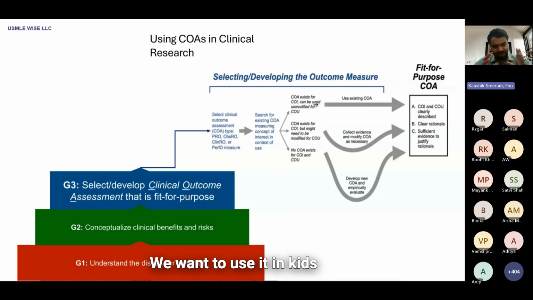Now let's say we have a tool that is only present in adults. We want to use it in kids, right? Now what to do? This is a tool that is most similar, which has been validated in the adult condition, but for pediatrics we don't have anything. So we take the adult tool and make certain modifications, like how one of your students said, she was like, we made some modifications to it.